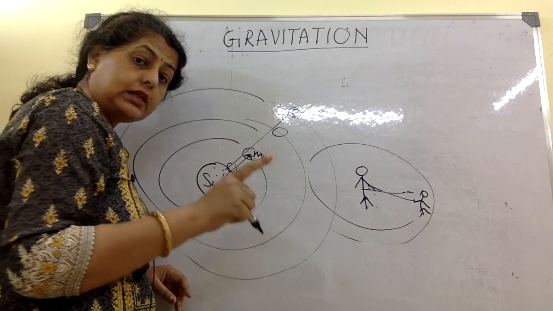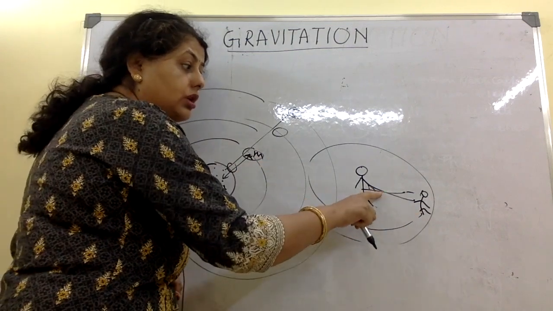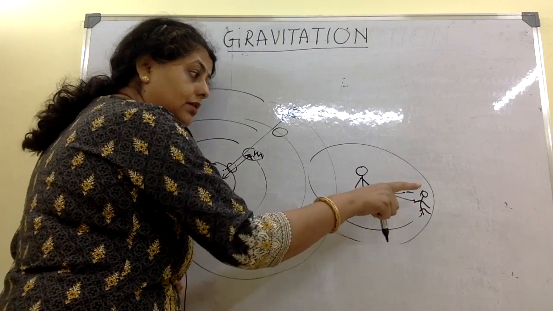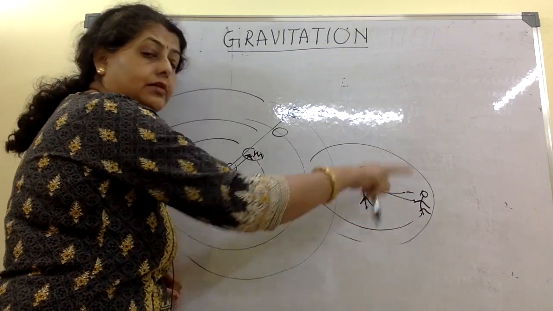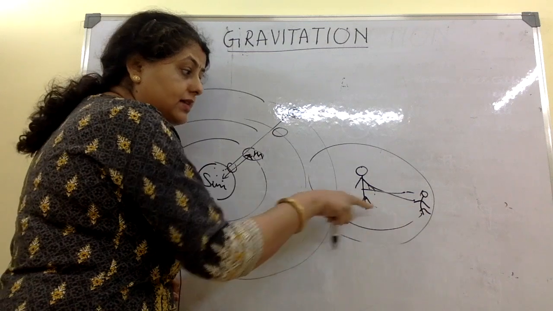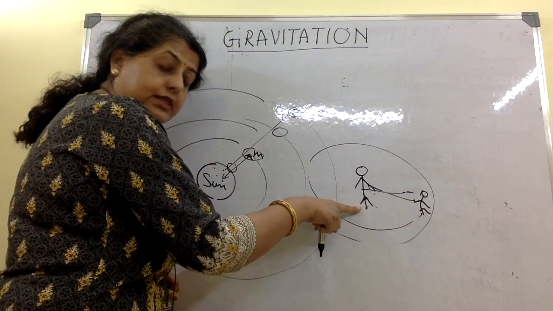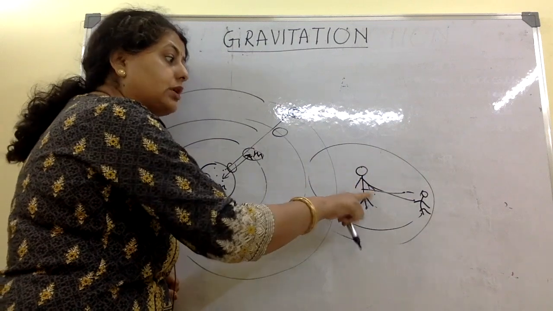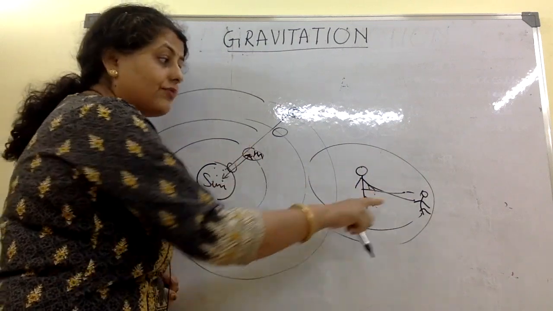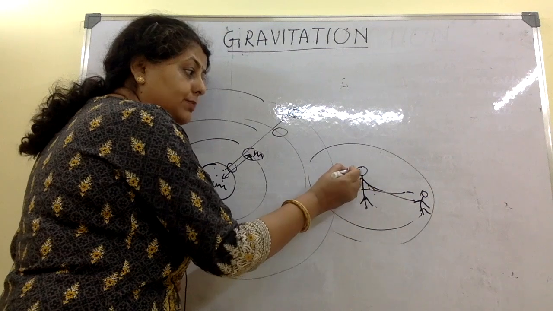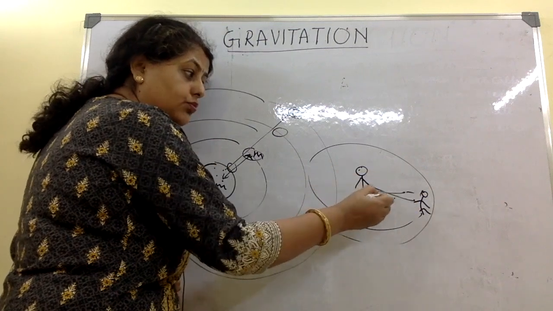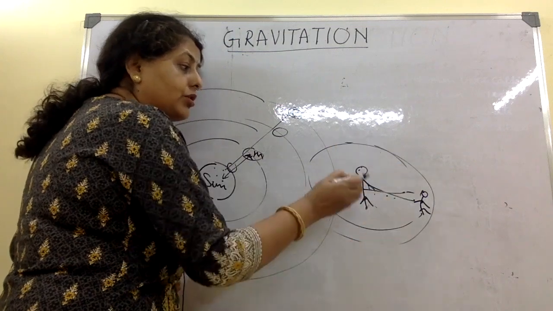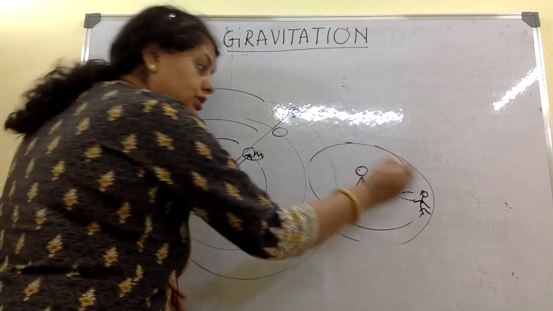The reason is that the bigger person is exerting more force, and so pulling the small one around. But the boy doesn't come to the center. He stays at a distance, because he also is pulling this man. So there is some force between them. Force by this one is bigger, force by this one is smaller. Since his force is smaller, he goes round, because the other has a bigger force. So he goes around the bigger one.